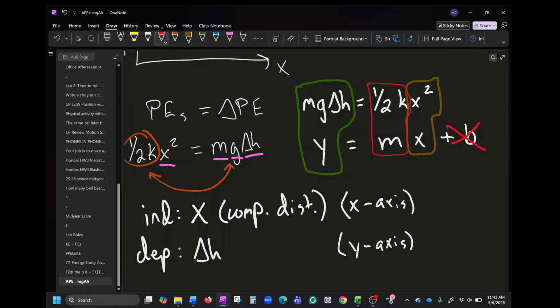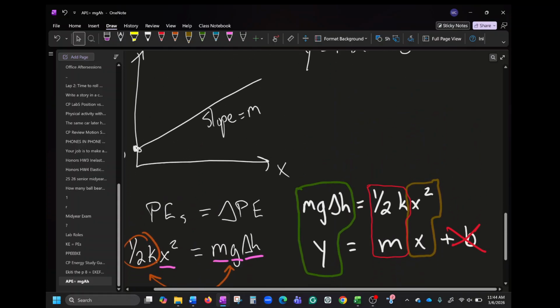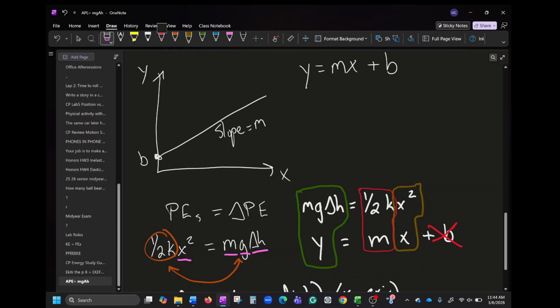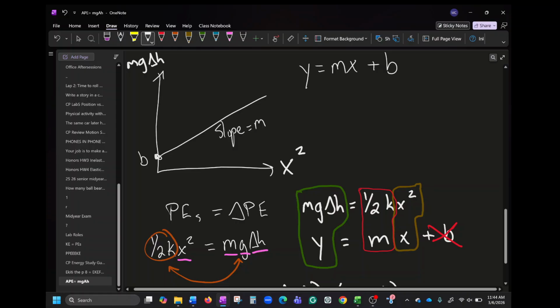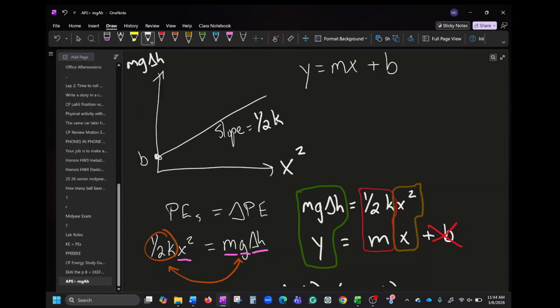One thing we can say is that we do not have a b, so we don't need to worry about that. So why do this? Now that we've figured this out, if we put the x squareds here and mg delta h's here, then the slope must be equal to 1/2 of k, because that is how the actual physics equation works.